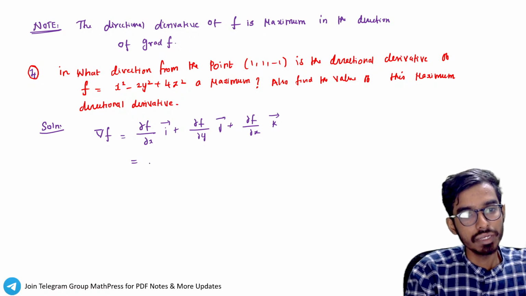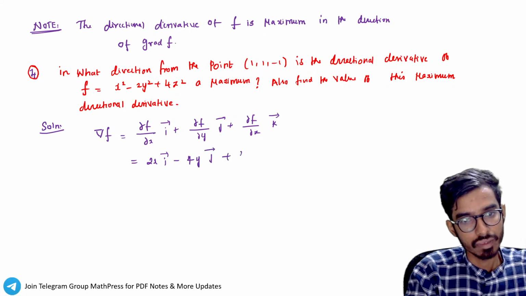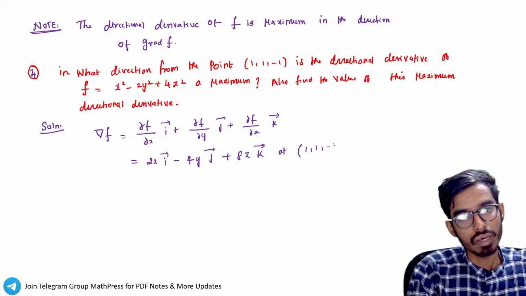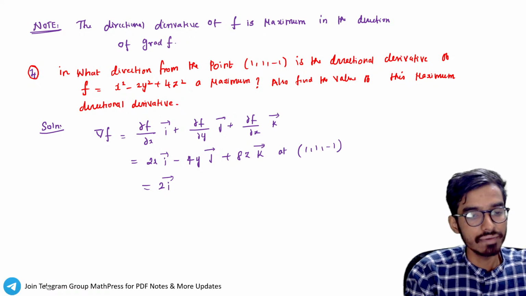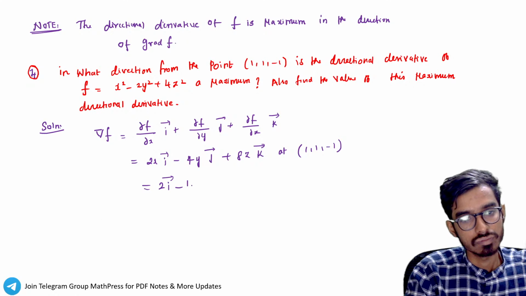So this will be 2x i vector minus 4y j vector plus 8z k vector. Now at the point 1 comma 1 comma minus 1, this will be 2i vector minus 4j vector minus 8k vector, right?